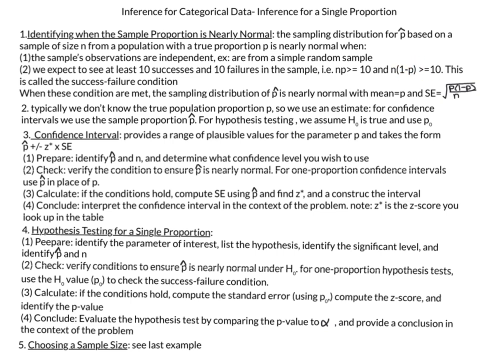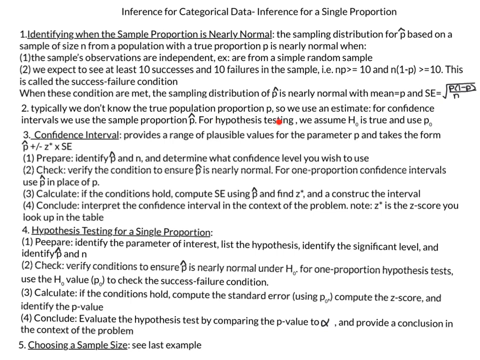When these two conditions are met, the sampling distribution of p hat is nearly normal with mean equal to p, and standard error equal to the square root of p times 1 minus p over n. Typically, we don't know the true population proportion p, so we have to use an estimate. For confidence intervals, we use the sample proportion p hat as our estimate.